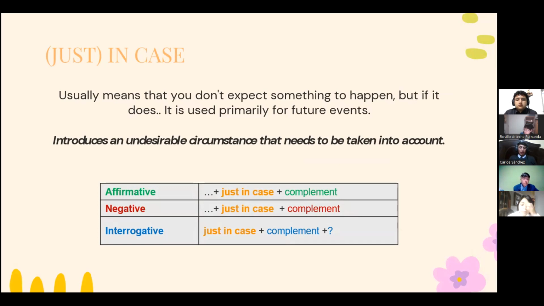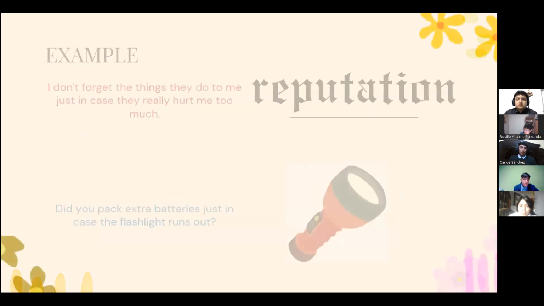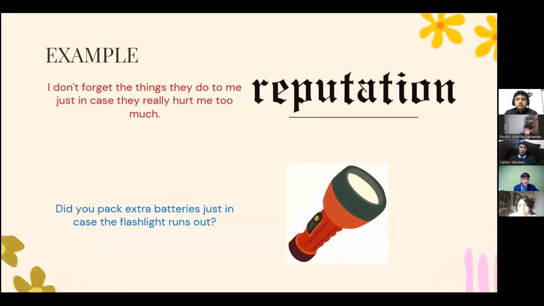In negative, complement plus just in case plus complement. And interrogative, just in case plus complement plus question mark. Some examples are: I don't forget the things they do to me just in case they really hurt me too much. And did you pack extra batteries just in case the flashlight runs out?